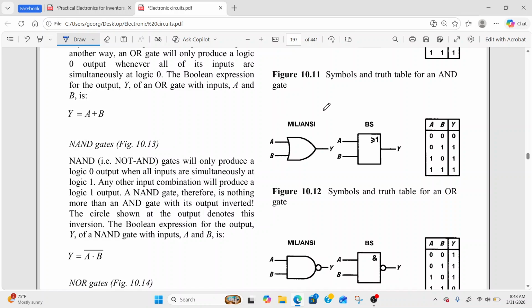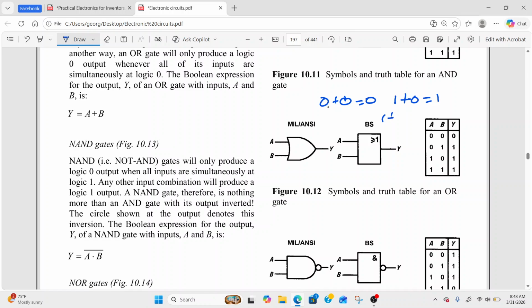So in Boolean, when you add two binary numbers, of course, 0 plus 0 is equal to 0. Any combination of 1 and 0 is equal to 1.